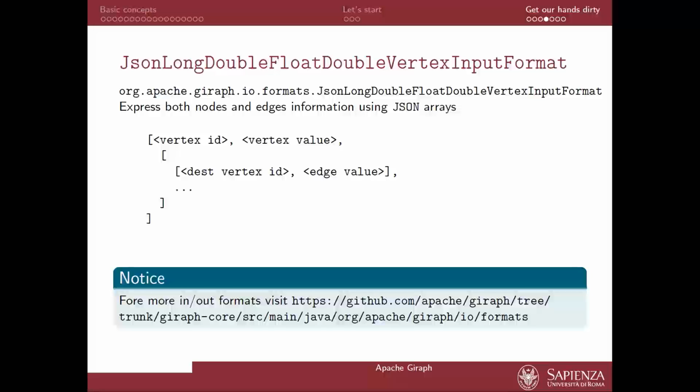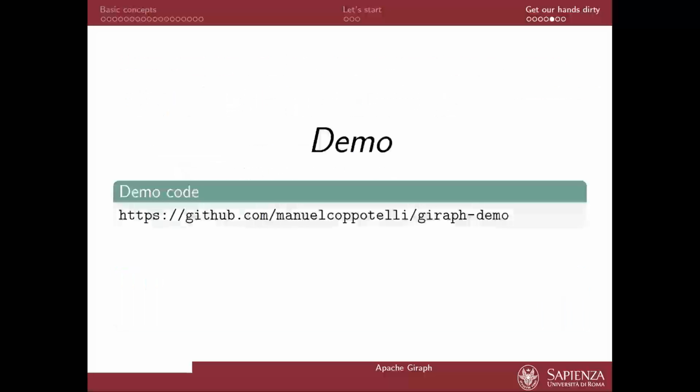Each destination vertex has the respective weight of the edge. It is important to remember that Apache Giraph can work only with directed graphs. So, if the problem we are going to solve uses an undirected graph, we have to add both forward and backward edges in order to simulate it. Now, my colleague Lorenzo will show you how to implement PageRank in practice.